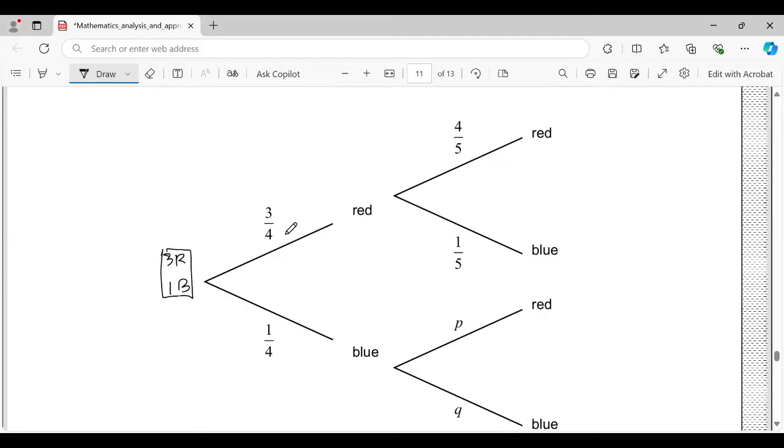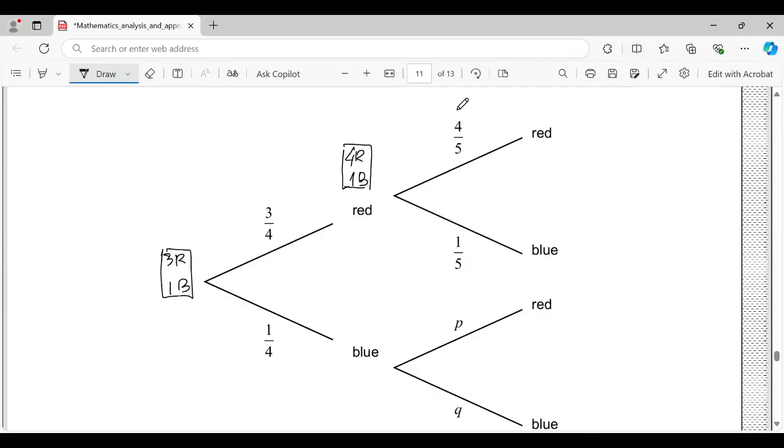And if she takes one red, in this position she has four red and one blue.